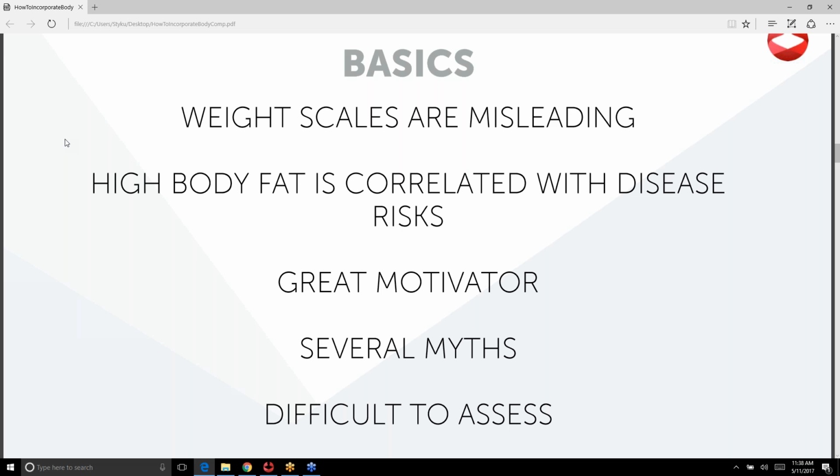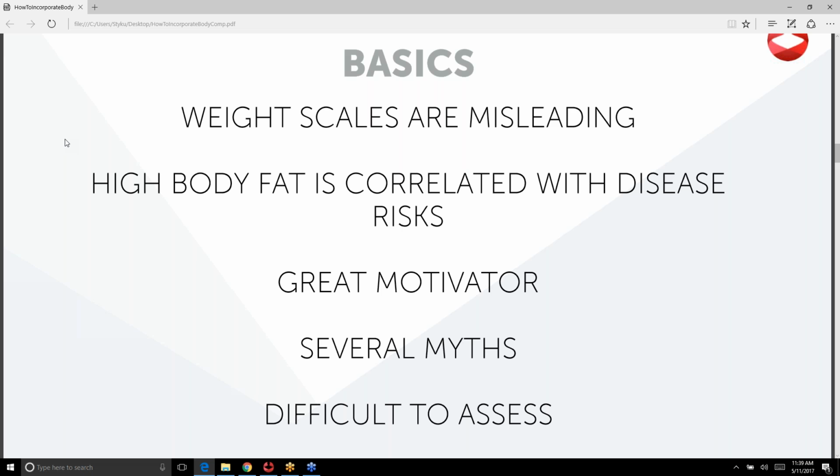Now, of course, body fat is also highly correlated with disease risks, as we'll get into the different kinds of body fat, subcutaneous and visceral. We all probably know this, and if you don't know this, I strongly recommend you do a little bit of research on your own. Visceral fat is by far more dangerous than subcutaneous, even though subcutaneous fat is roughly 80-90% of your fat.